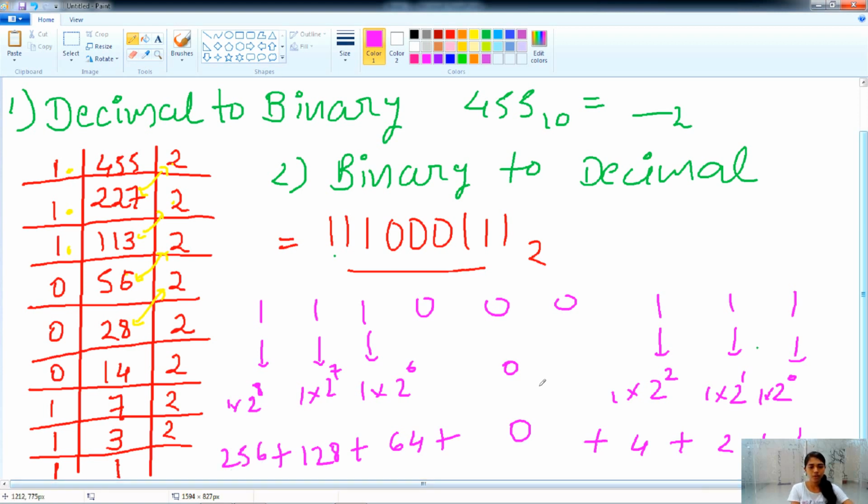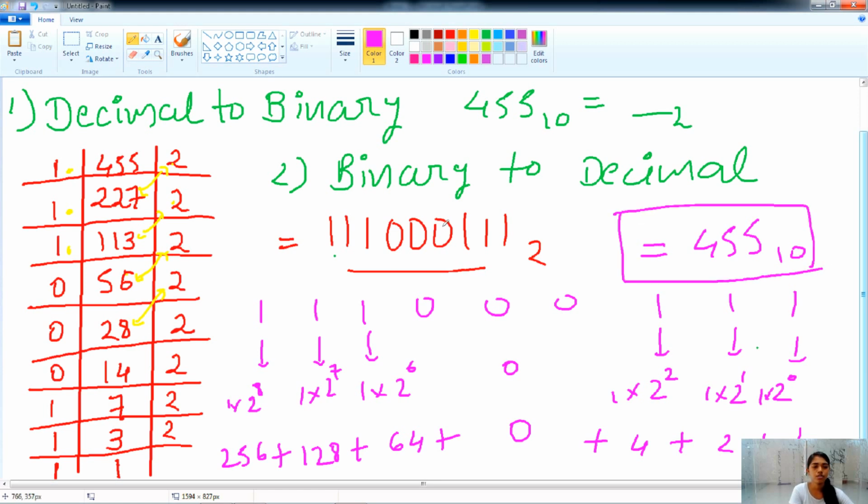Now, we have to add all this, and the answer that we would get is 455. You must use your calculator for this kind of problems. So here we got 455 again. So our answer was perfectly fine and correct in this previous calculation, and again we have converted this binary into a decimal number.